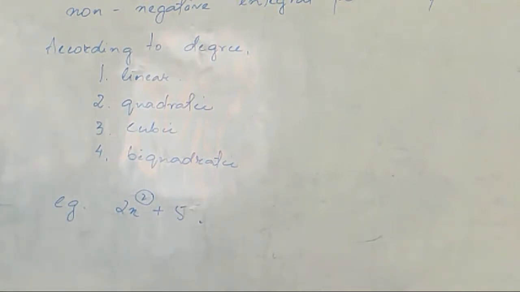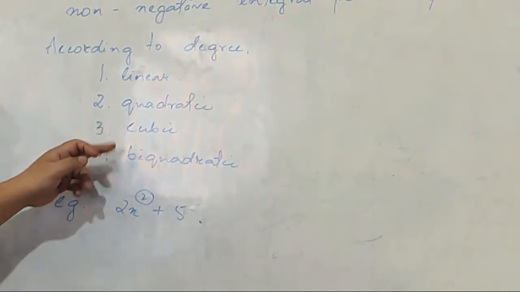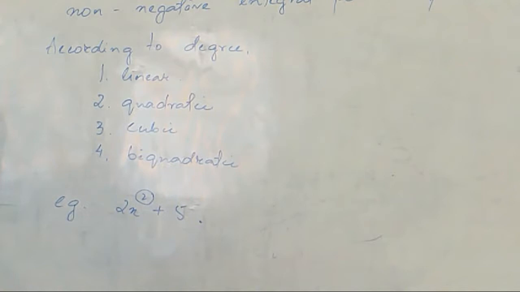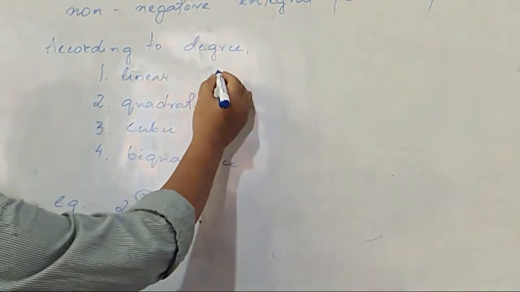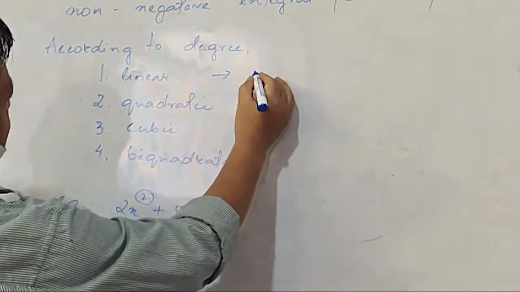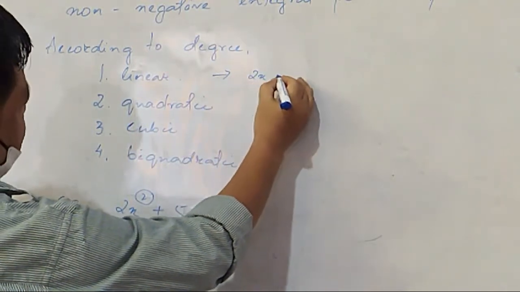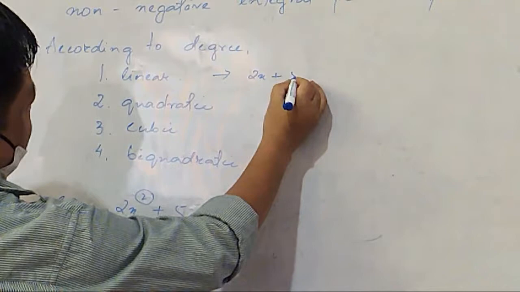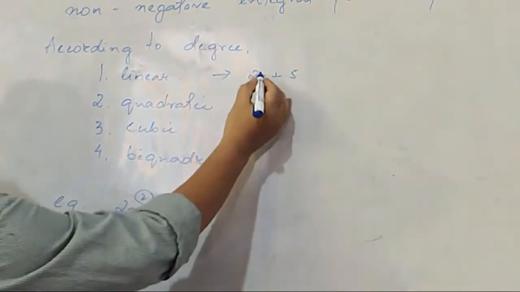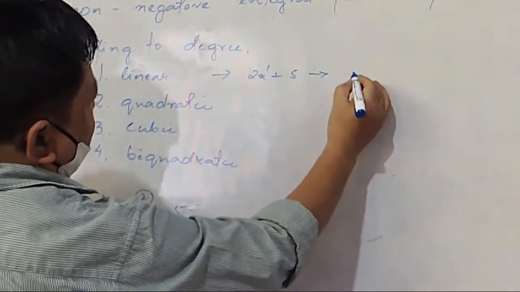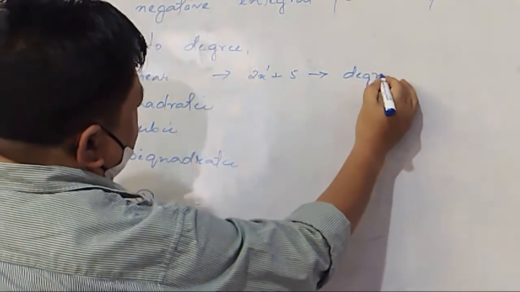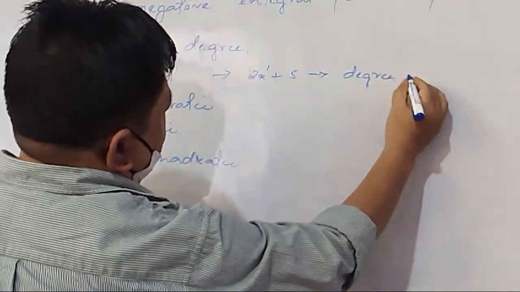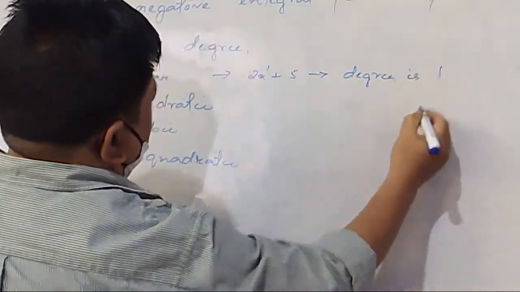And since it has 2, it will be a quadratic polynomial. For number 1, if we give an example, it will be 2x plus, let's say, 5, since the power is 1. Degree is 1.